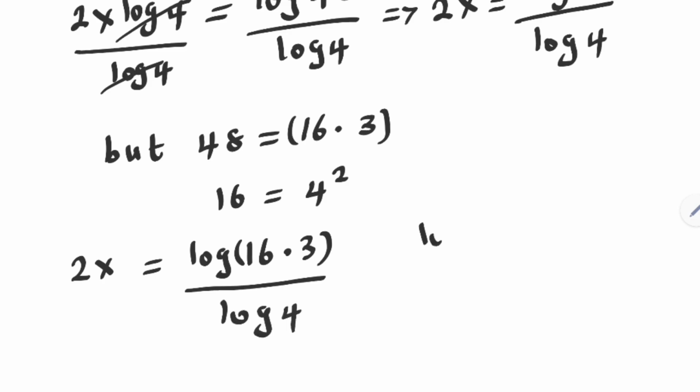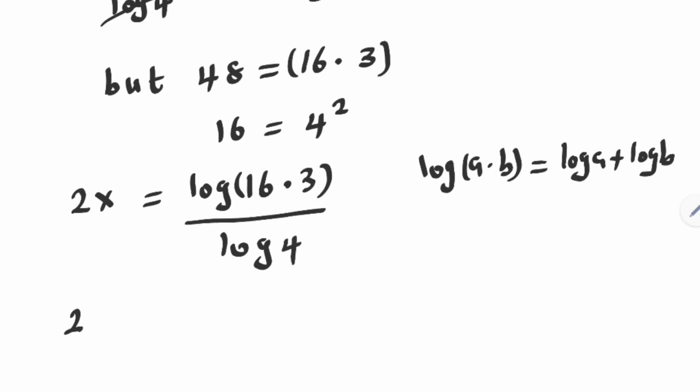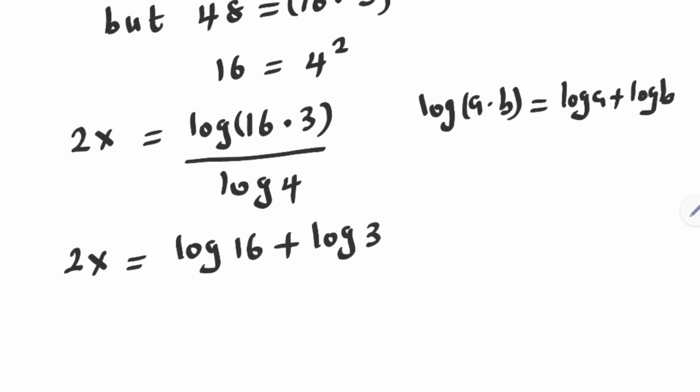If you have log a multiplied by b is equal to log a plus log b, then this is 2x is equal to log 16 plus log 3 divided by log 4.